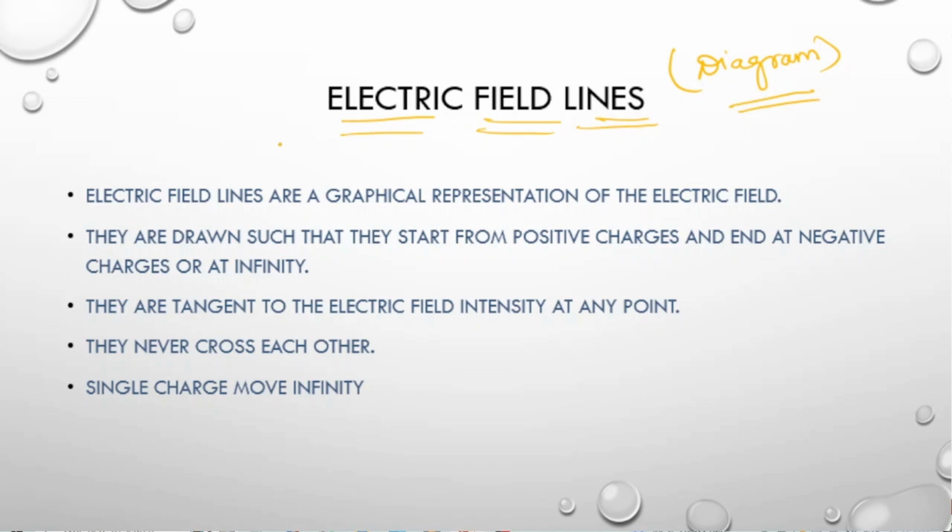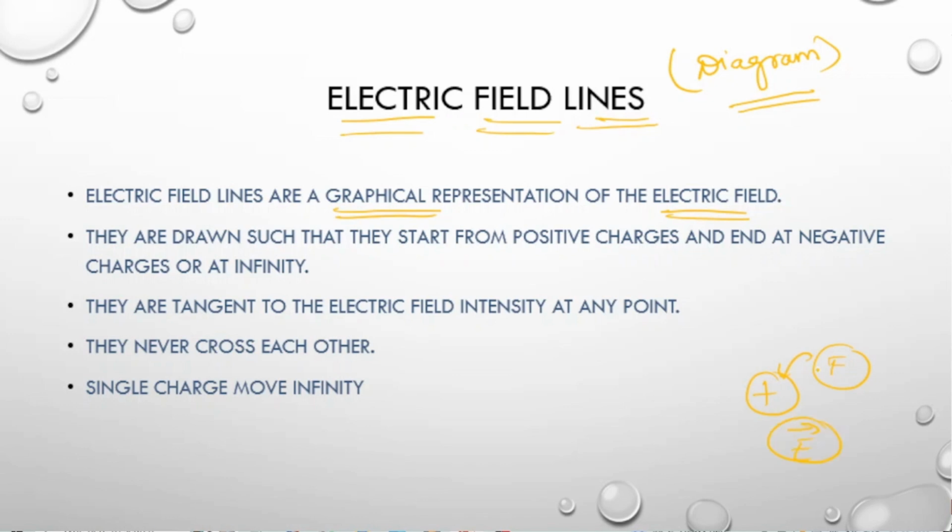Electric field lines are the graphical representation of electric field. You know that whenever a charge is there, force will be applied, and if force is applied, electric field will be generated.